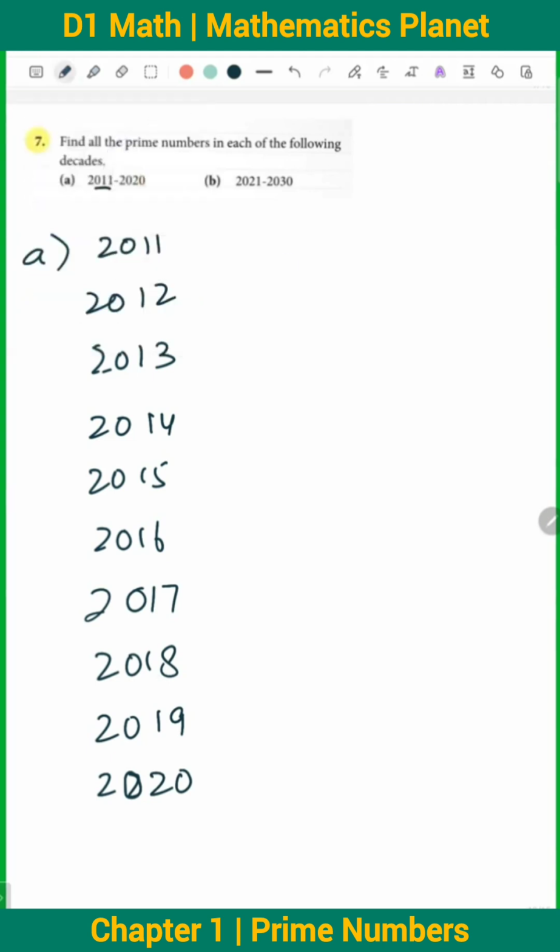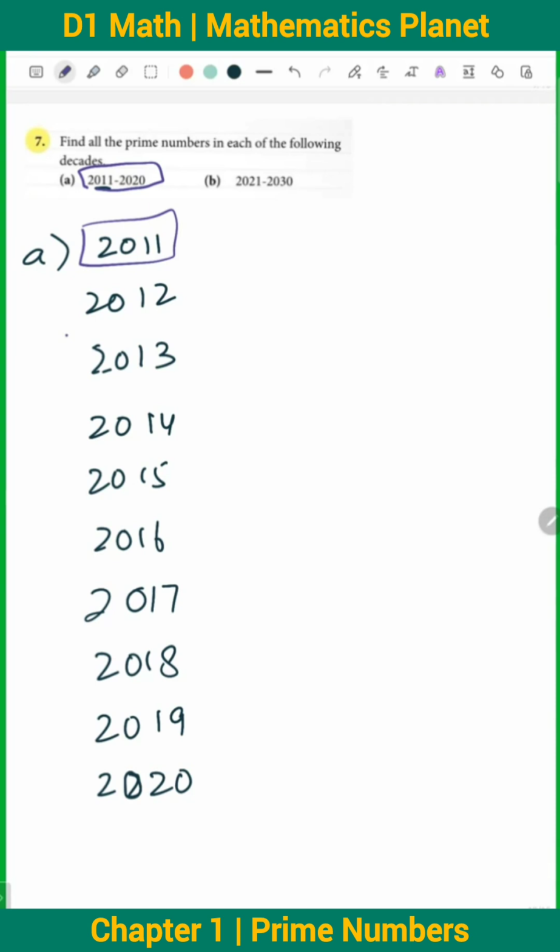And you are going to tell me. Which is the first prime number in this list? 2011. Okay, which is the next prime number? Yes, Fajr. 2012 can be divided by 1, then 2.